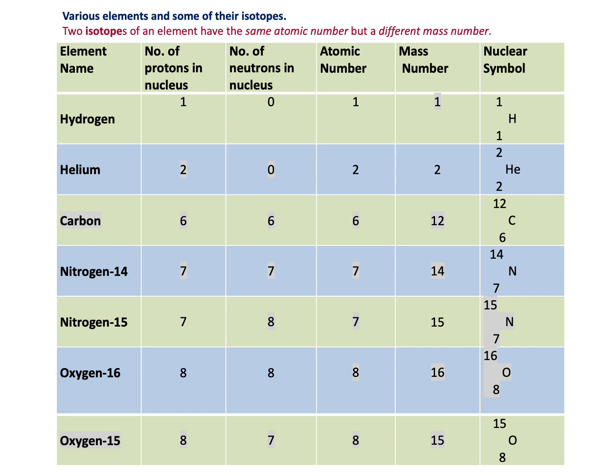This table shows a number of different elements and some isotopes of these elements. Remember, 2 isotopes of an element have the same atomic number, that's number of protons in the nucleus, but a different mass number. And I'll just identify some of the isotopes. You can see nitrogen 14, if you can find that. Look at its nuclear symbol, N, atomic number 7, mass number 14.